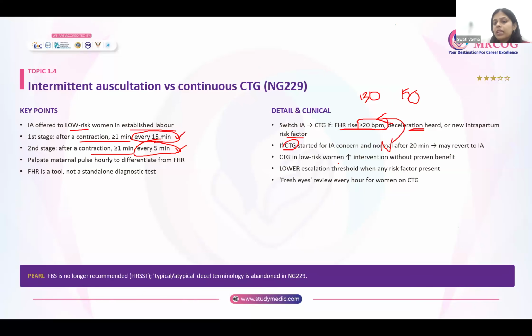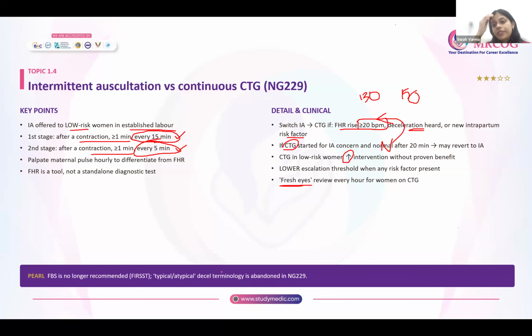CTG in low risk women, if carried out otherwise without any indication, might lead to increased interventions without any proven benefit. Hence, it is not indicated for all. A lower escalation threshold should be there when any risk factor is present, meaning we should easily switch to CTG whenever we think any concern is there. And next, fresh eyes review should be recommended every hour for those women who are on CTG.